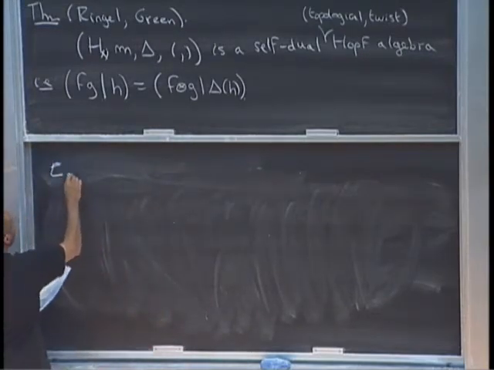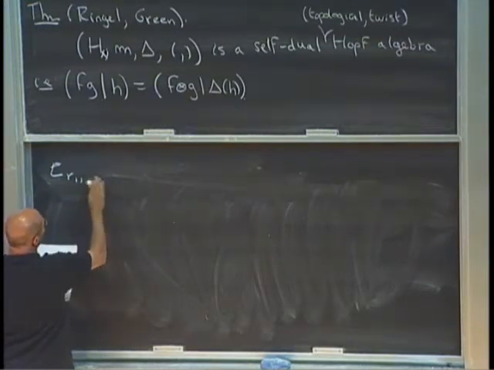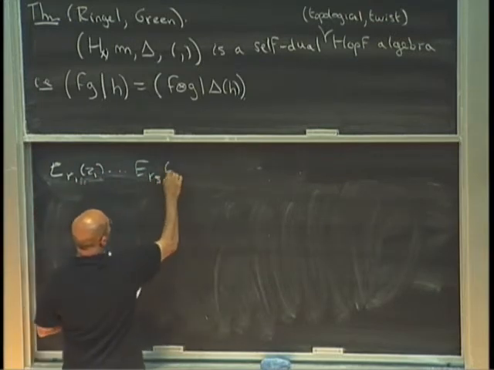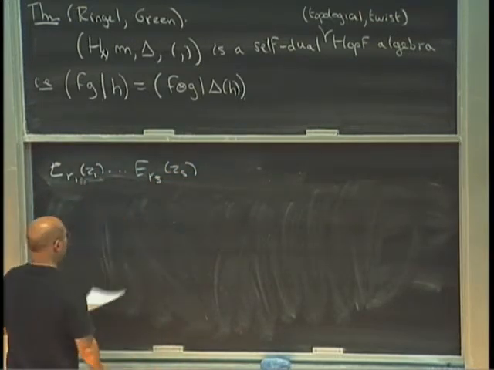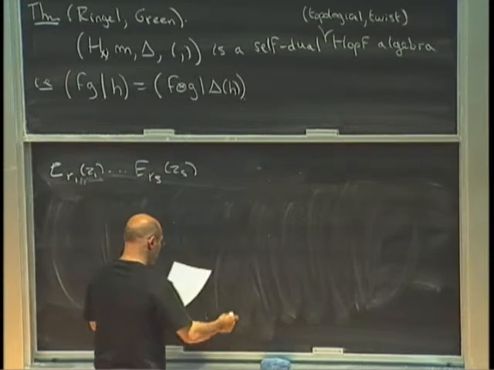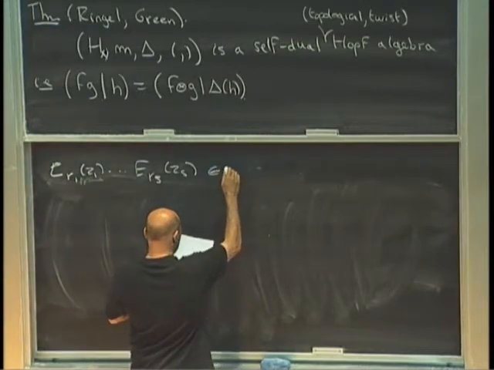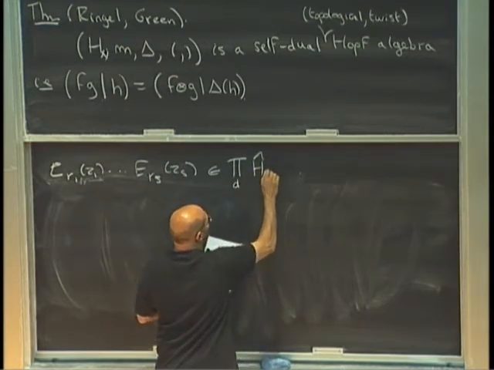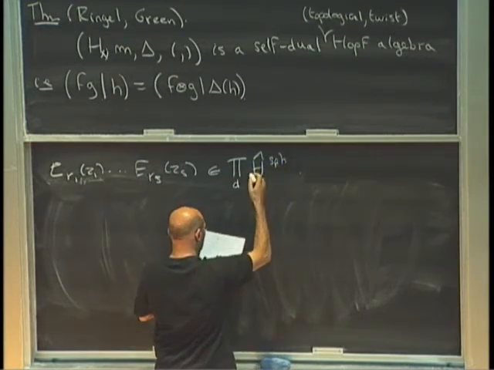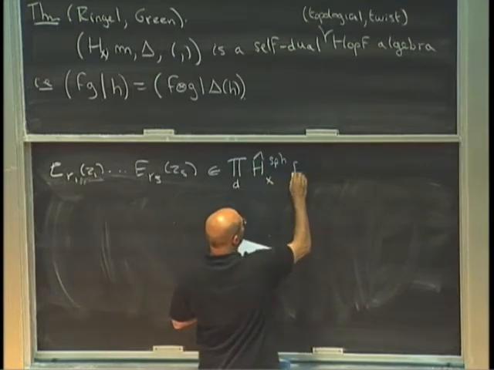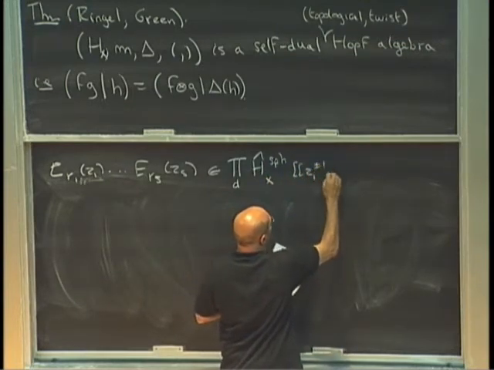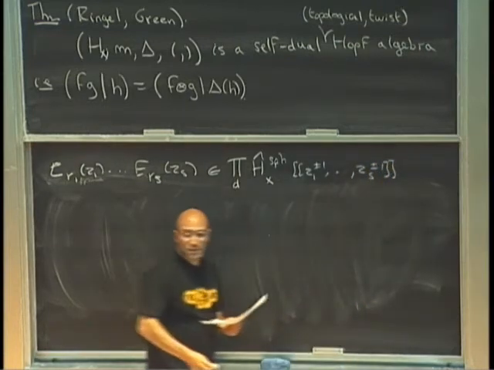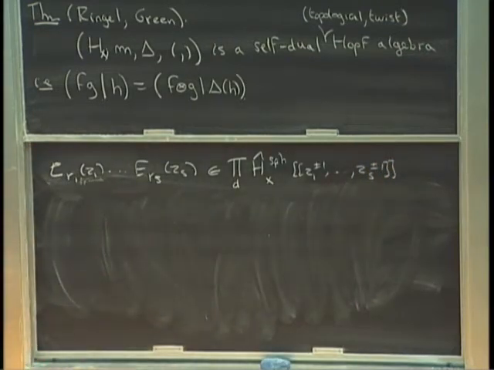So let's write E_{R1}(Z1) ... E_{Rs}(Zs). This is the Eisenstein series. Well, at the moment, all you can say is that it belongs to a product of spherical Hall algebras, and you have all these coefficients, which could go to infinity in both directions. So it seems a rather nasty space.